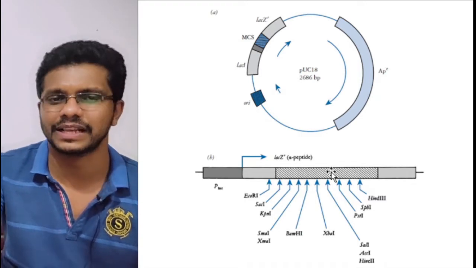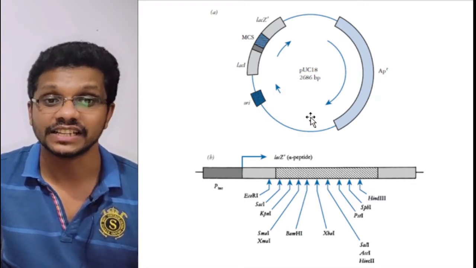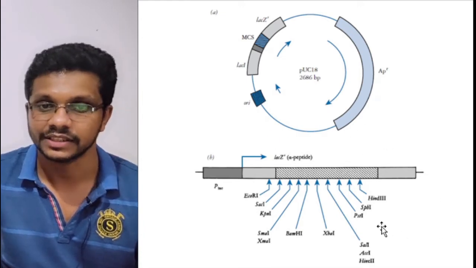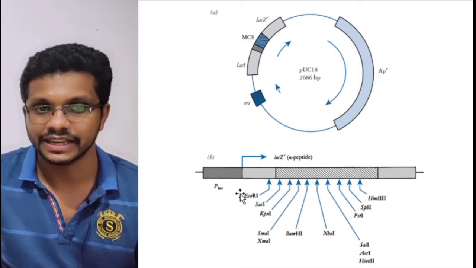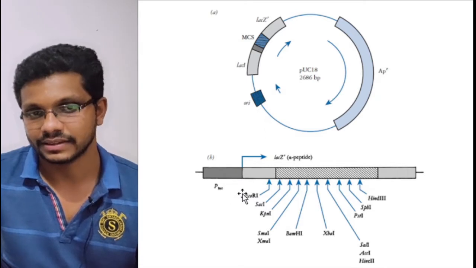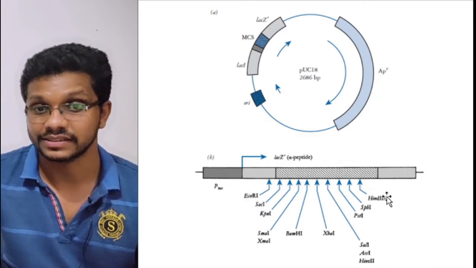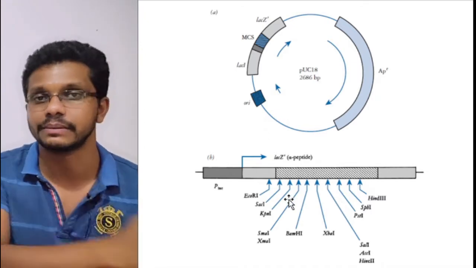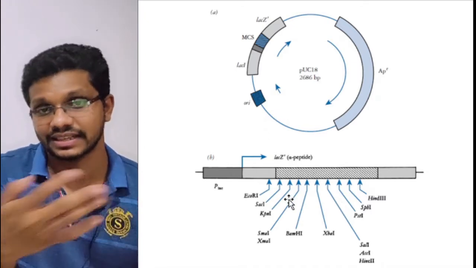There is another plasmid called pUC19. In pUC19, the orientation of the multiple cloning site is reversed. Here we can see EcoRI at the beginning, but in pUC19, EcoRI is here. So the 5' to 3' direction is changed. That's the only difference between pUC18 and pUC19. Other than that, everything is the same.